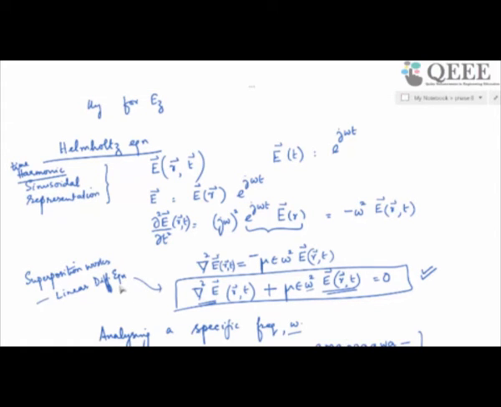It's a second order, but it's a linear equation. So, it means that if I get a response for a frequency omega 1, and a response for a frequency omega 2, the total response is the sum of the individual responses. That is essentially why superposition works. So, we always use Helmholtz equation for solving any electric field, magnetic field problem.